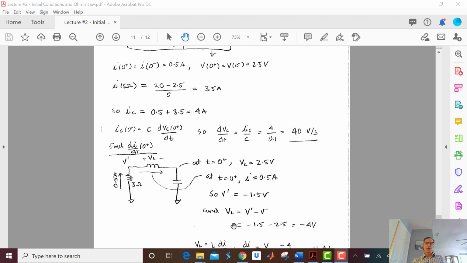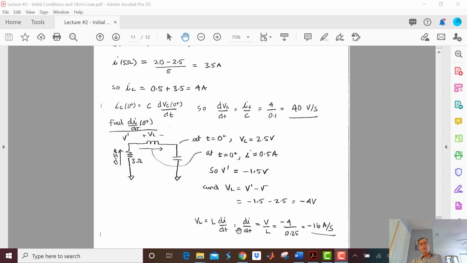It is going to be this voltage minus this voltage, which is negative 1.5 minus 2.5, going to be negative 4 volts across that inductor. So V sub L is equal to L di dt. So di dt is V sub L over L, negative 4 over 0.25, is minus 16 amps per second.